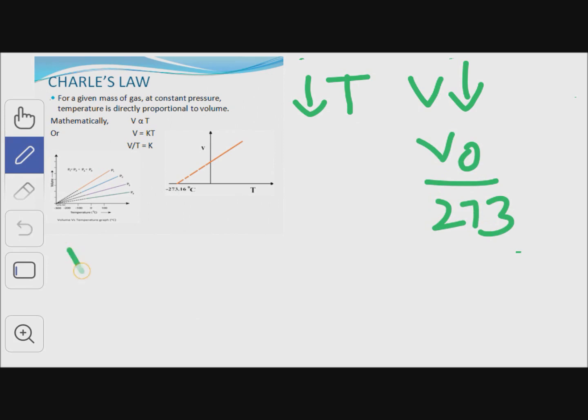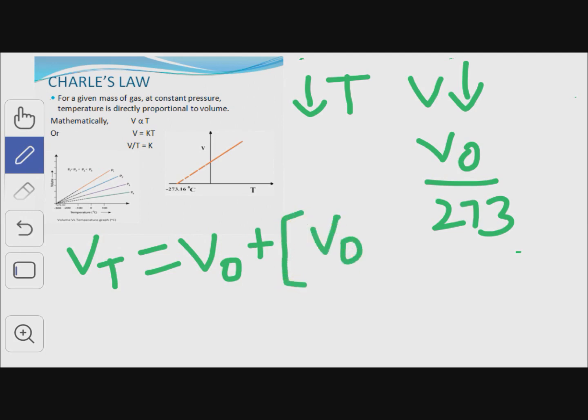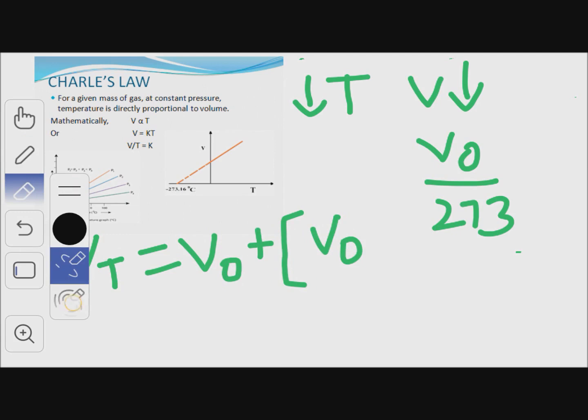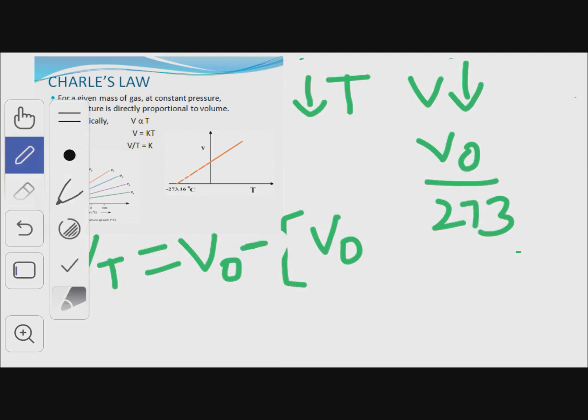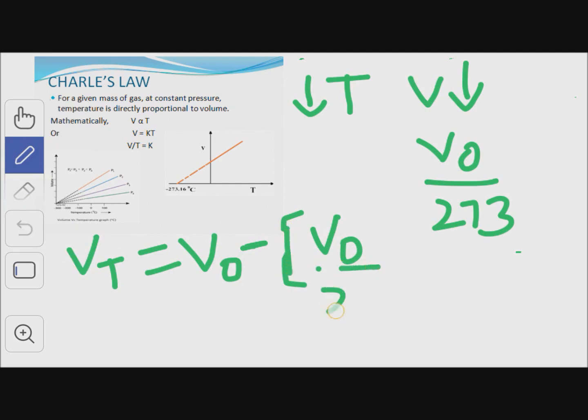Then we have Vt is equal to V naught minus V naught upon 273 into T, minus because in this case it is a decrease of the volume.